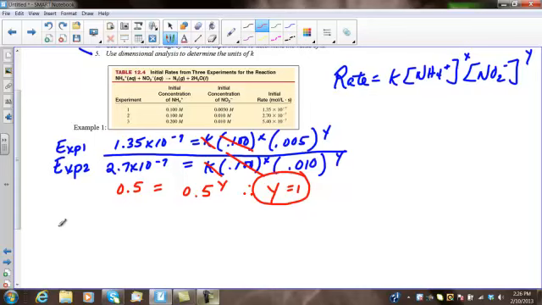Now let's compare experiment 3 and experiment 2.